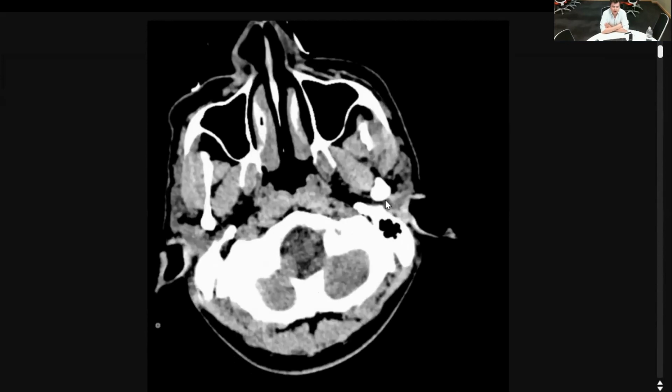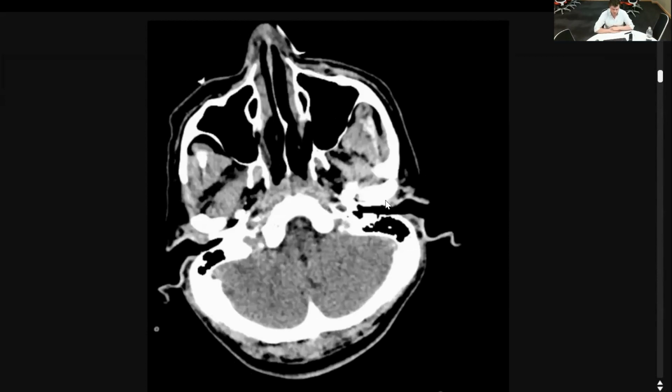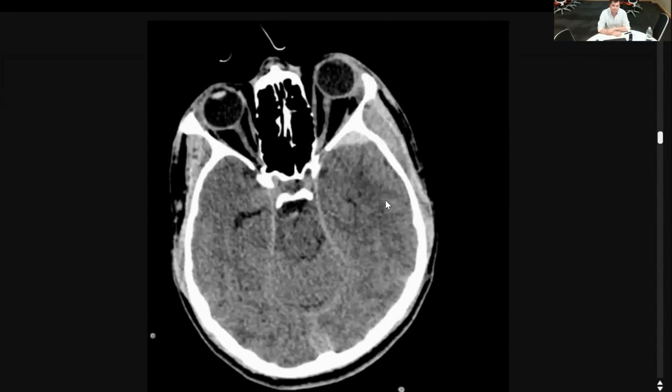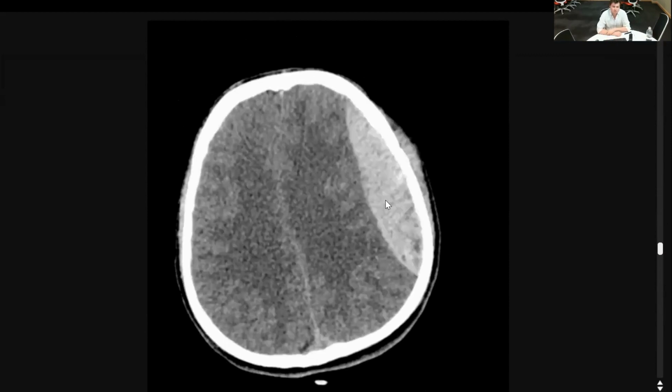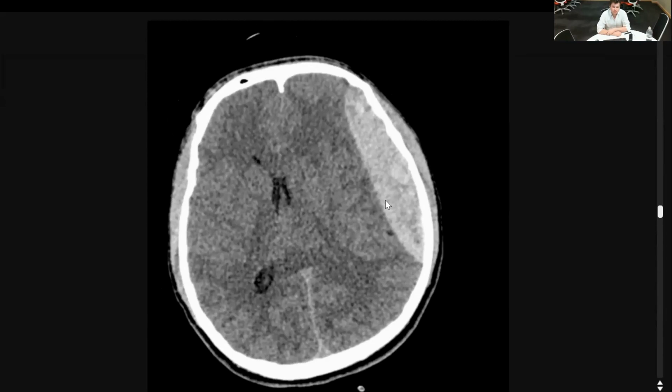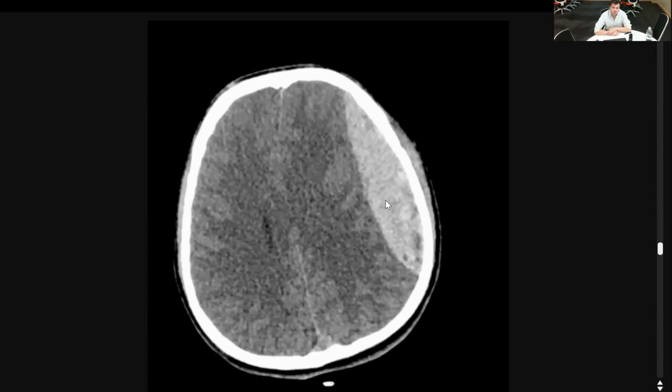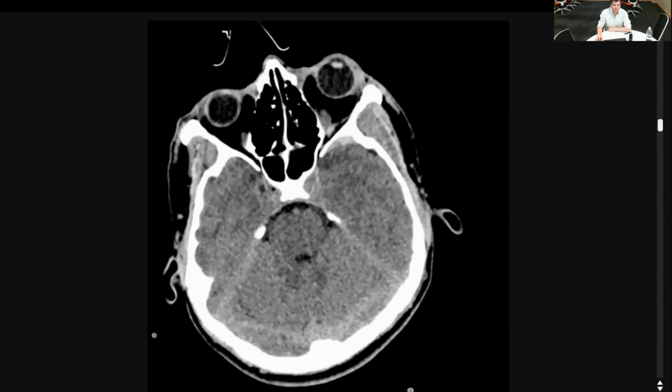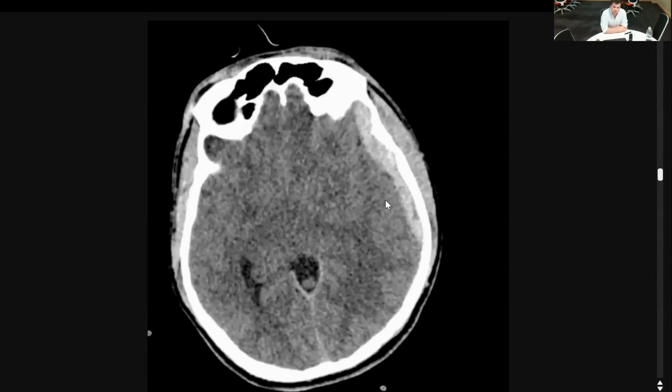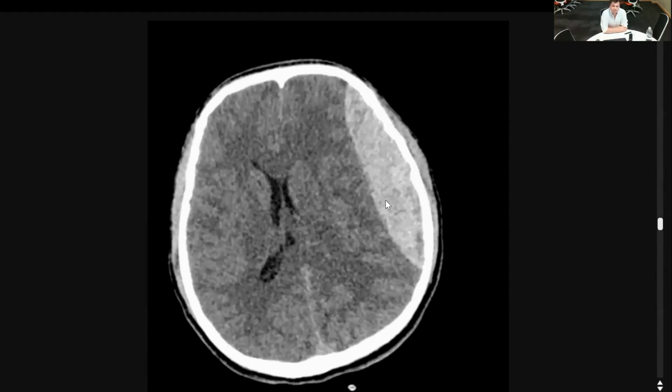So CT head, non-contrast. The most obvious abnormality is sort of high density overlying the left parietal bone, in a sort of lentiform shape, and there is compression of the lateral ventricle as well, the left lateral ventricle, with some midline shift as well.